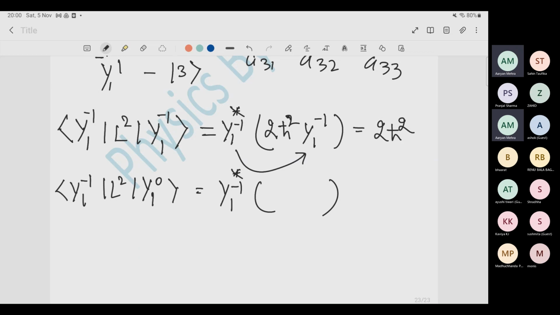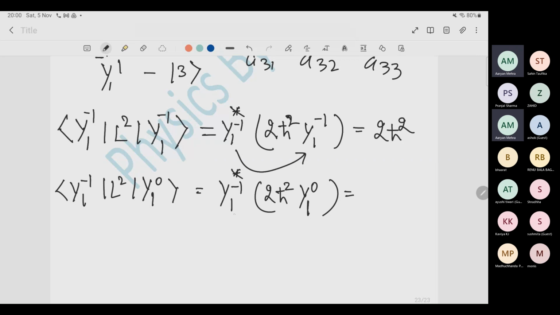What will be the answer here? Is it 2 h cut square |1,0>? Yes, 2 h cut square |1,0>. Great, very nice.